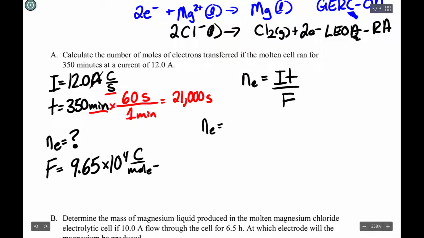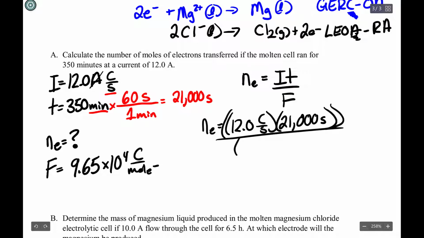Moles of electrons is going to be equal to 12.0 coulombs per second times 21,000 seconds. I'm going to double bracket that to make sure the numerator is done properly. And on the bottom I have 9.65 times 10 to the 4 coulombs per mole of electrons. So I can see seconds will cancel with seconds, coulombs will cancel with coulombs.